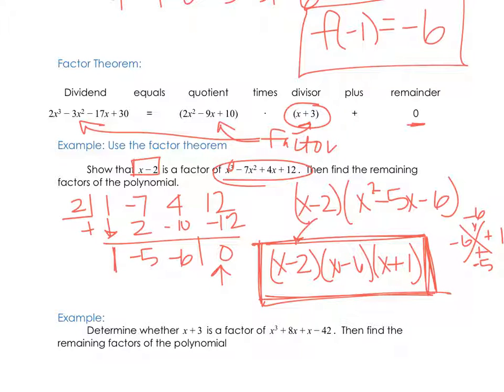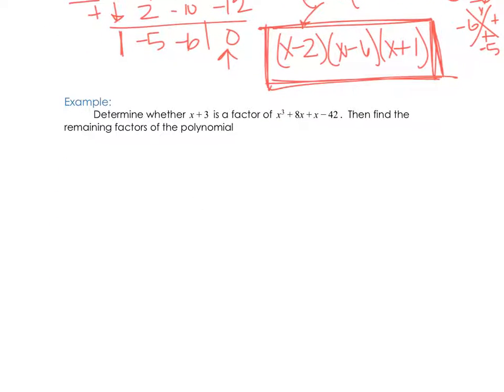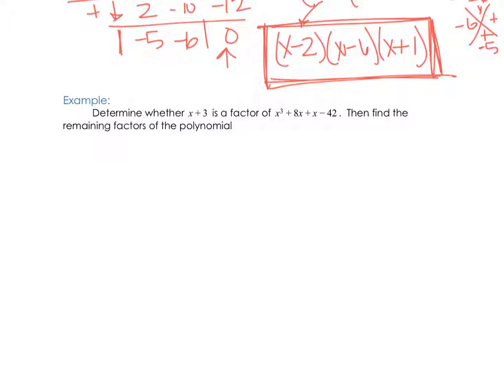The next example: determine whether x plus 3 is a factor and then find the remaining factors. If x plus 3 is a factor, then when I do synthetic division, and remember it's -3 because it has to be x minus r format, I will end up with a remainder of 0.